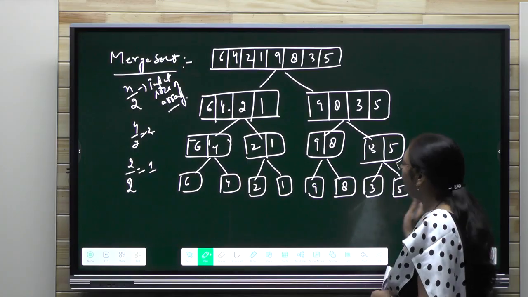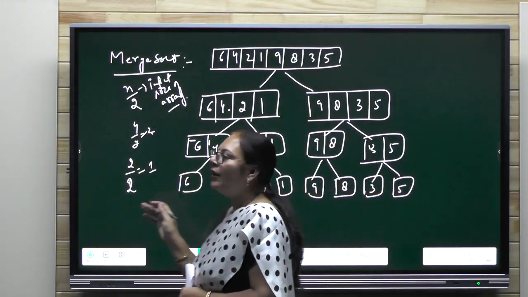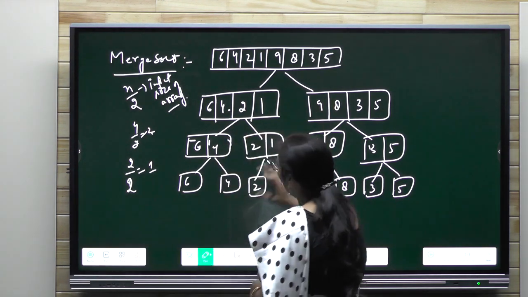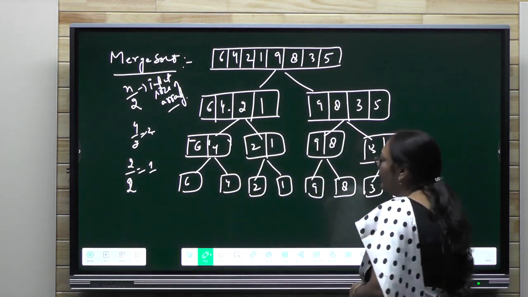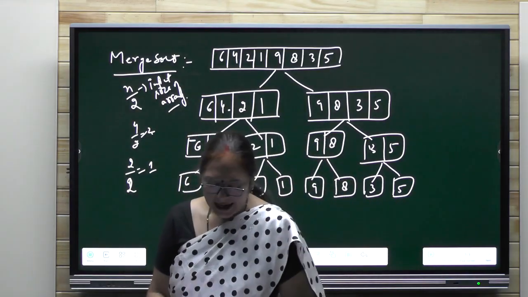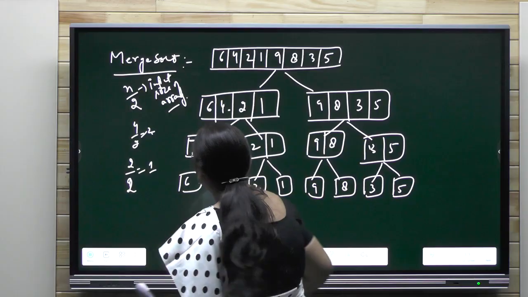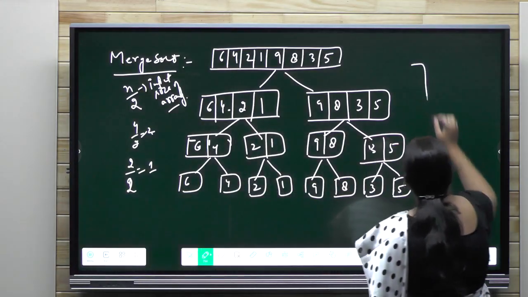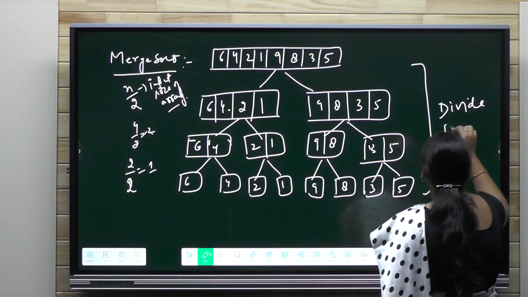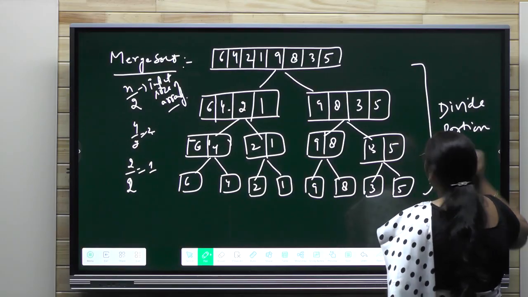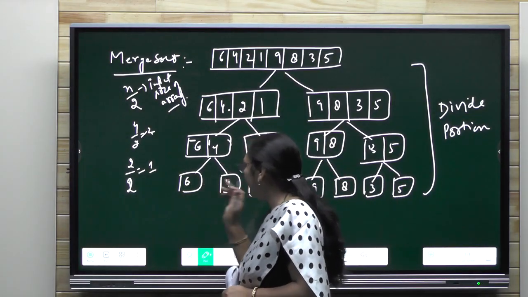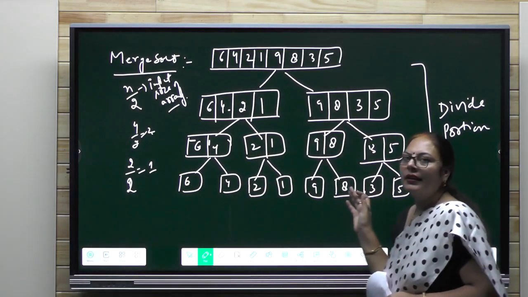Now you see we have one element in each array separately. Earlier it was combined; now we have a number of arrays in which we have separate elements. This was the divide portion in the divide and conquer approach. After dividing, we keep on dividing the array till we reach one element.